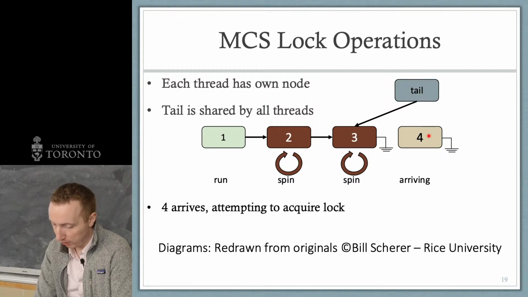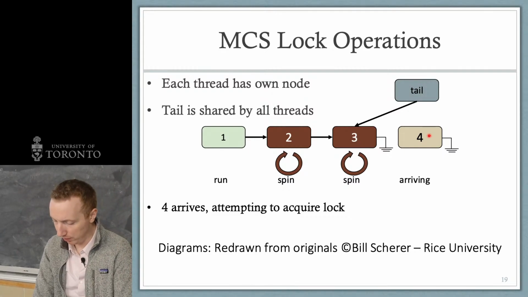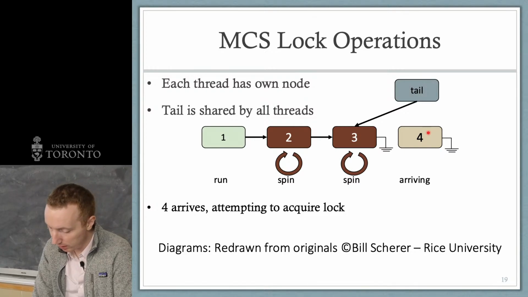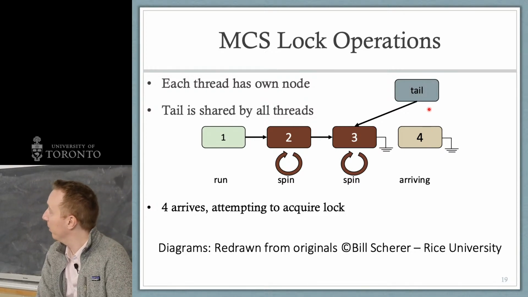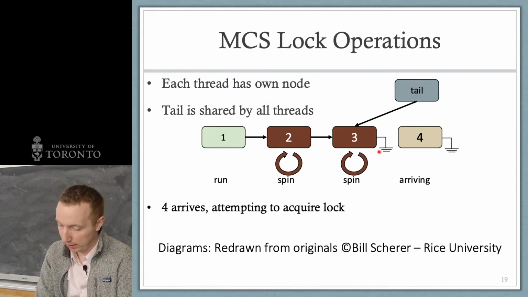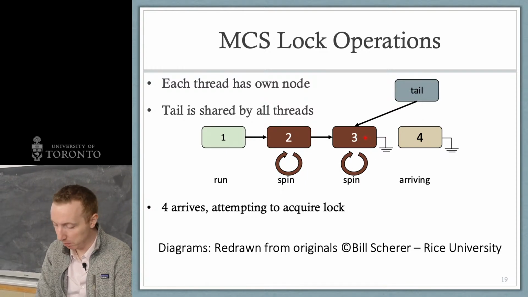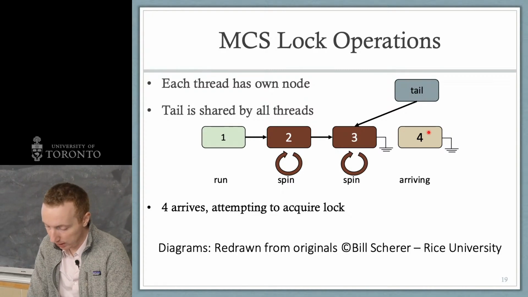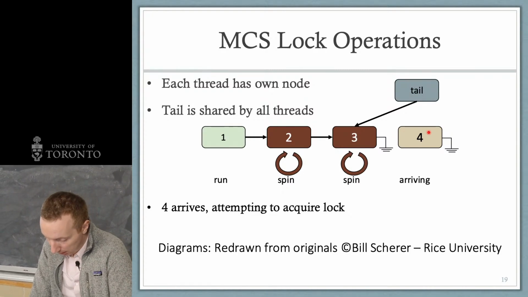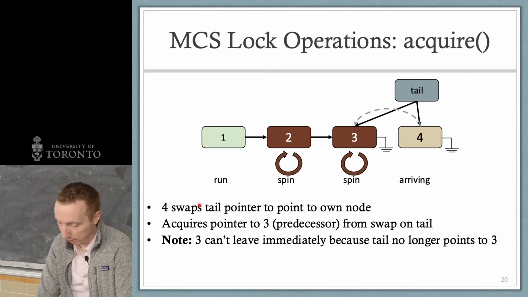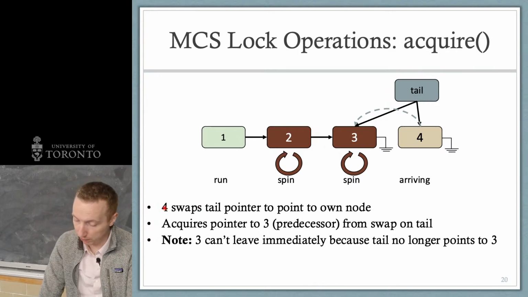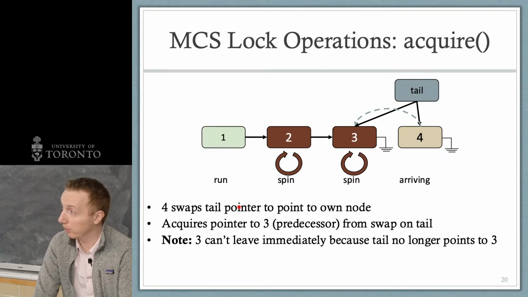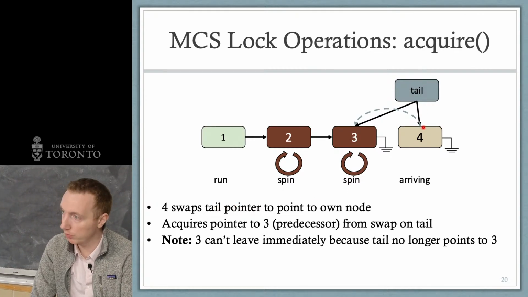So now if we have, let's call them threads, thread 4 trying to acquire that lock, well, it needs to atomically add itself to the tail and then atomically change 3's pointer to point to it instead. So how that will work is when thread 4 comes in, it will atomically try to swap the tail pointer to its own node.